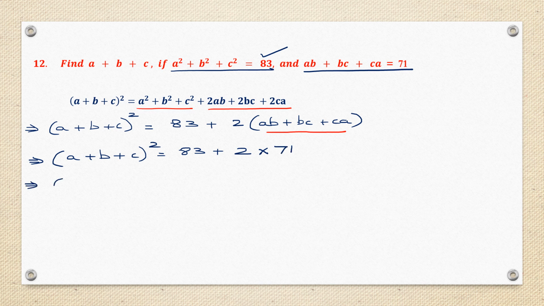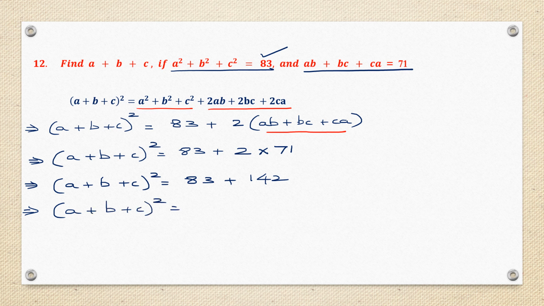So now continue. a plus b plus c the whole square is equal to 83 plus 2 into 71 is 142. So now let's add that up and get this. a plus b plus c the whole square is equal to, after adding, you get 225.